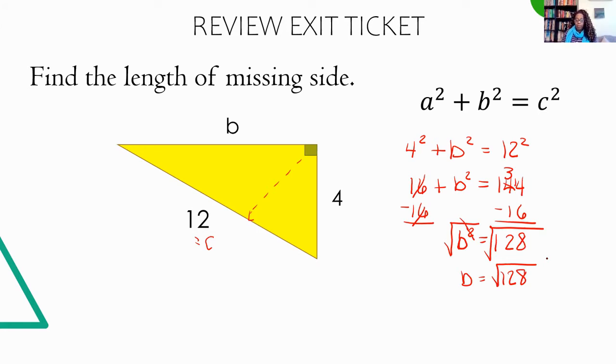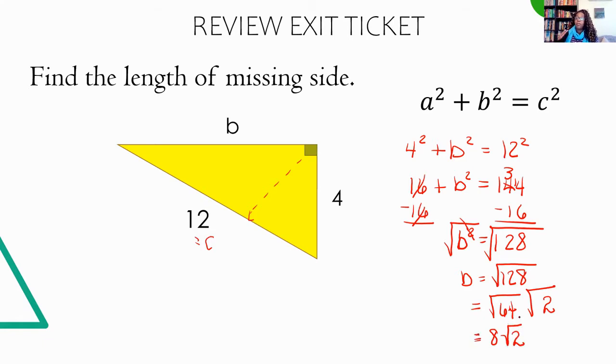So if I have my 128 and I start seeing if I can break it down, I got to think of that perfect prime combination. So if my prime is 2, my perfect is going to be 64 because 64 times 2 gives me 128. So now the square root of 64, that's going to be 8. And the square root of 2, since that's prime, I'm just going to bring that on down.